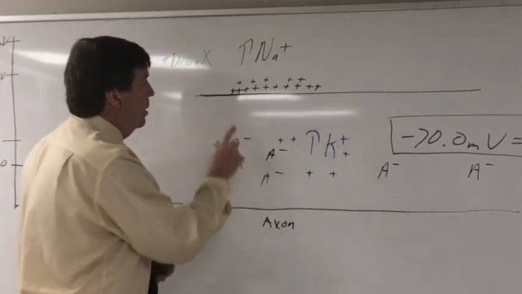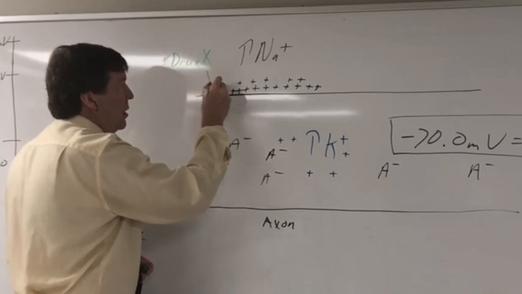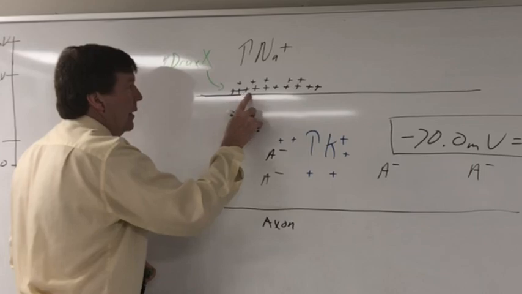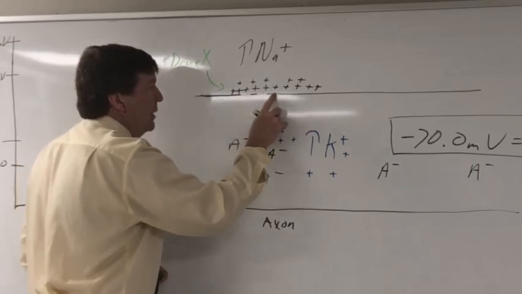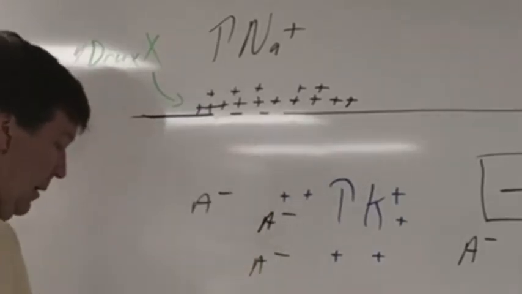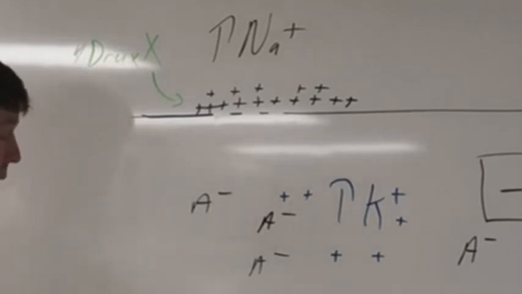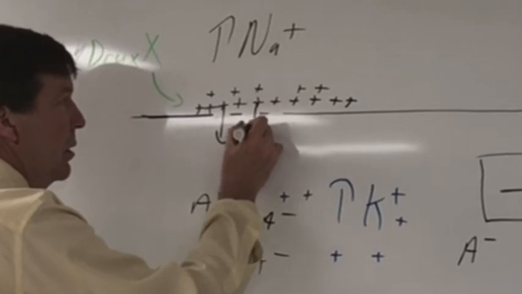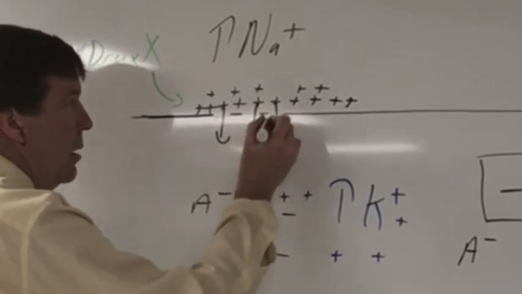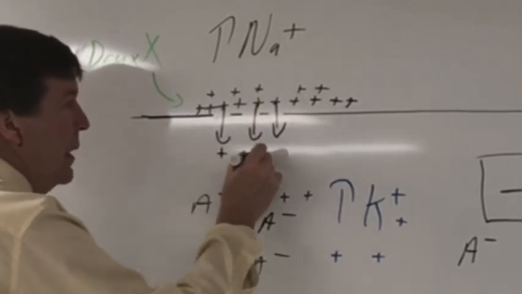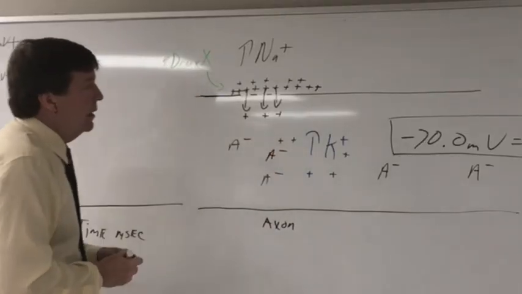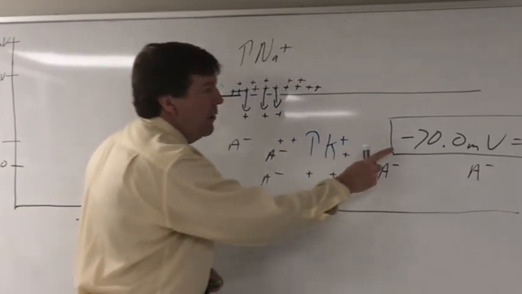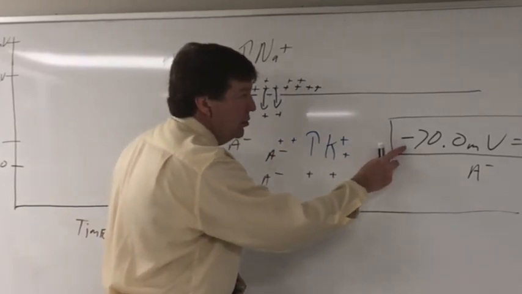So drug X comes in, it's going to have its effect. Notice drug X is going to allow these sodiums to seep in. So here's some sodium ions creeping in now. A big question would be, what effect does this increase in positives have on that negative resting potential?